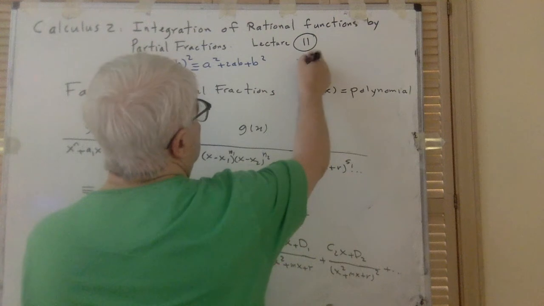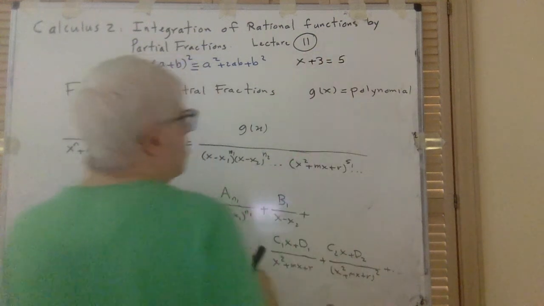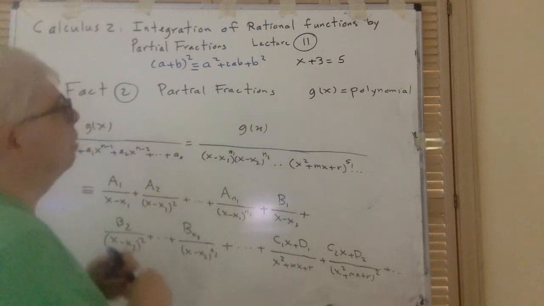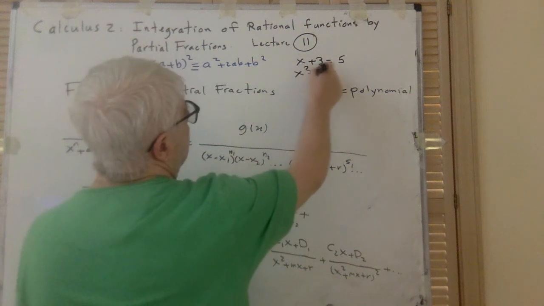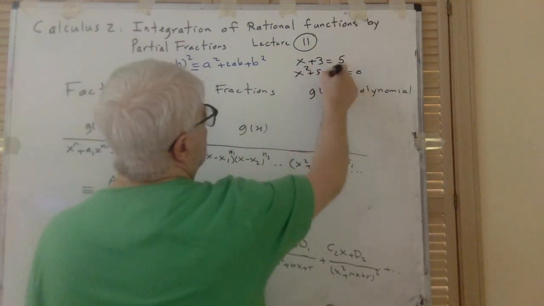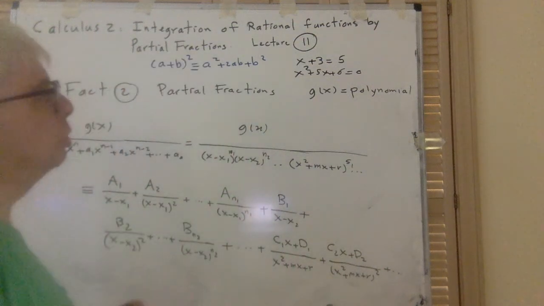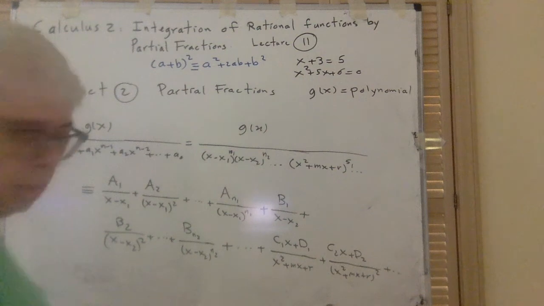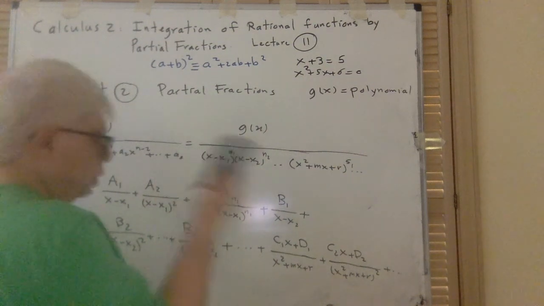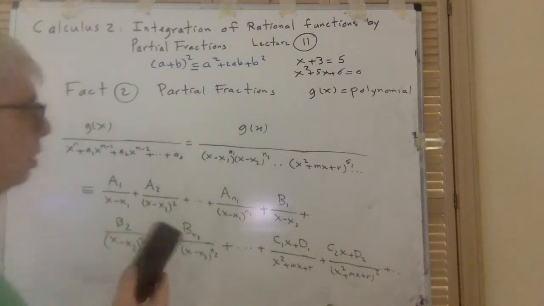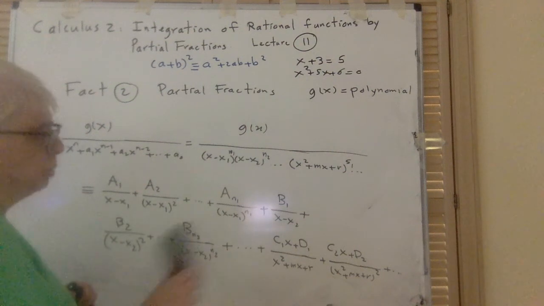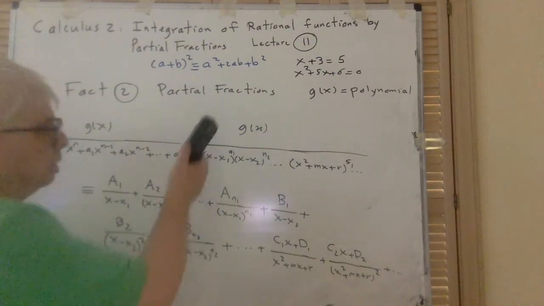But if I write x plus 3 equals 5, this is true for only one x, and that is 2. If I write a quadratic equation, x squared plus 5x plus 6 equals 0, then it is true for 2 x's, and so on. So these are equations, while those are identities, which means the two sides are identical. Now I'm saying that this thing here is identical to this. I'm not solving an equation, I'm saying it is exactly this.